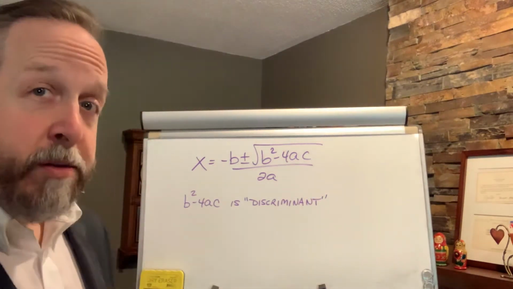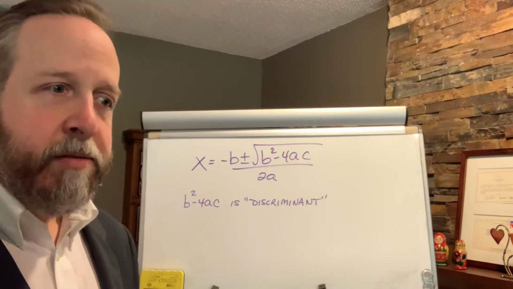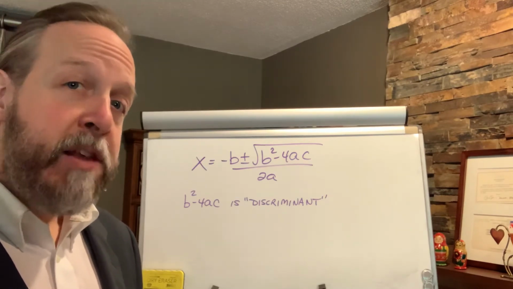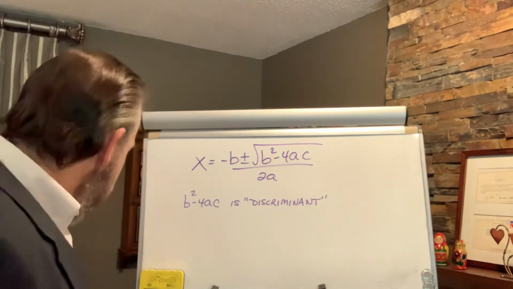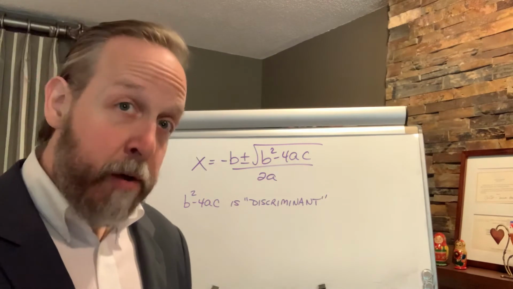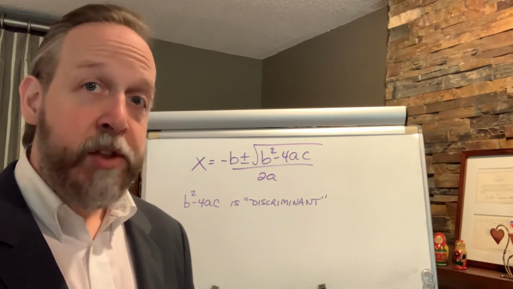Write that down. It's an important vocabulary word. The discriminant is the value under the square root, and it will tell us how many solutions there will be. It won't tell us what those solutions are. We have to solve the equation for that.